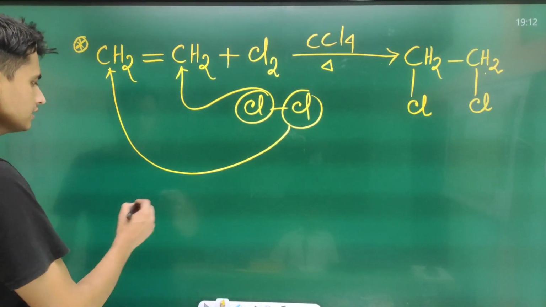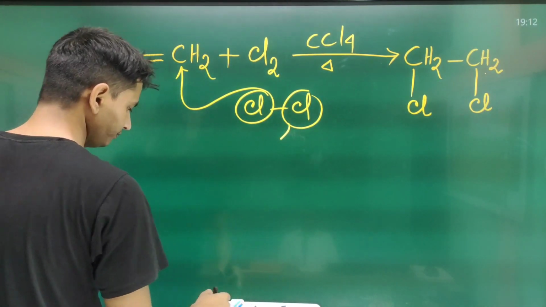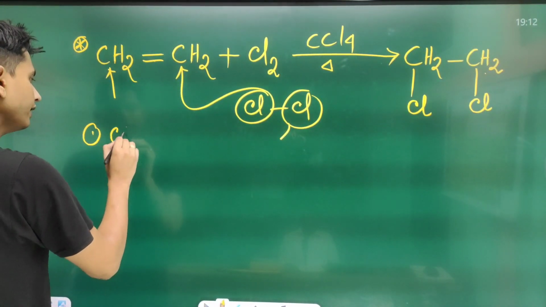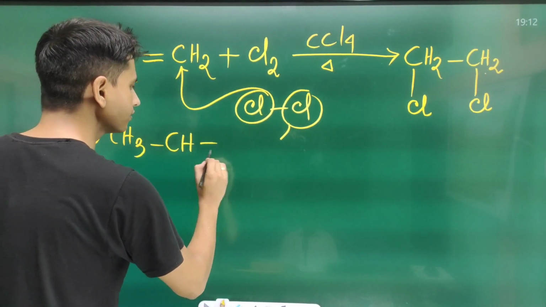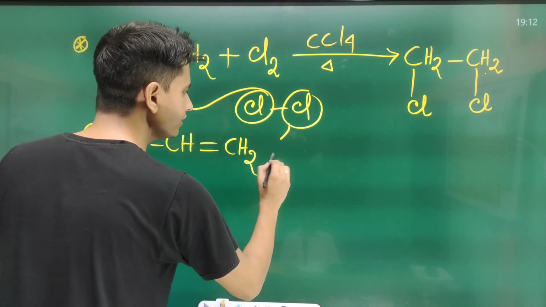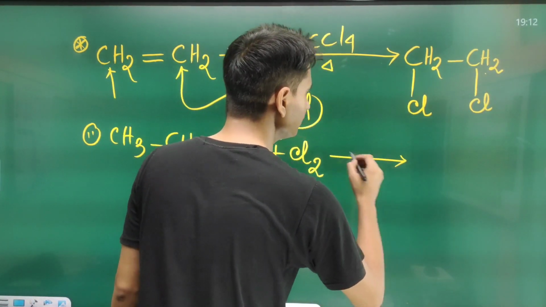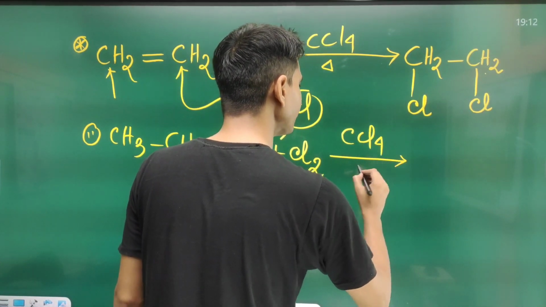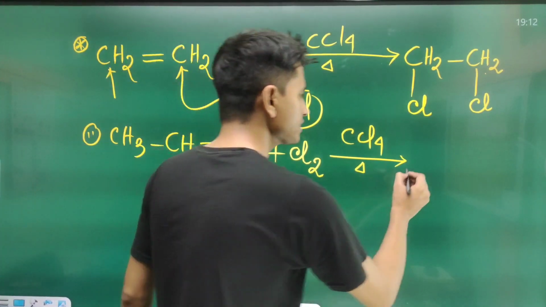Clear? Next example, suppose another alkene, propene. When propene is treated with, suppose, a chlorine molecule in the presence of CCl4 solvent, due to heating, this double bond is first converted to a single bond.